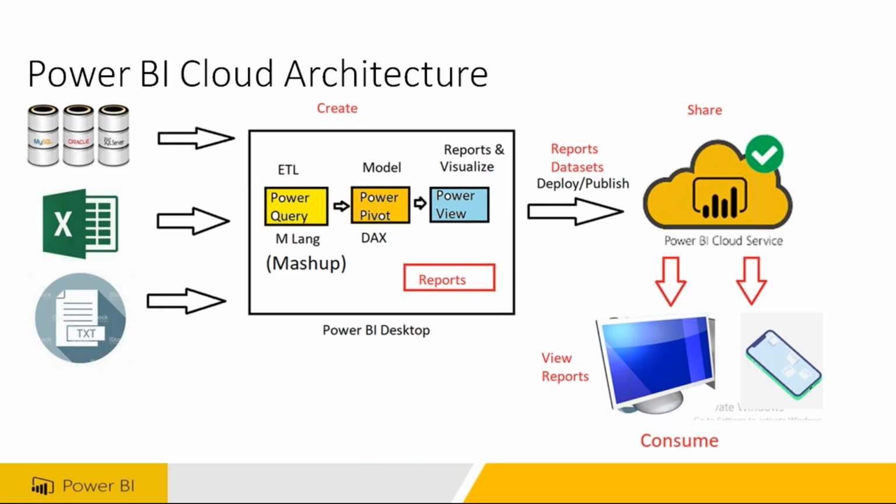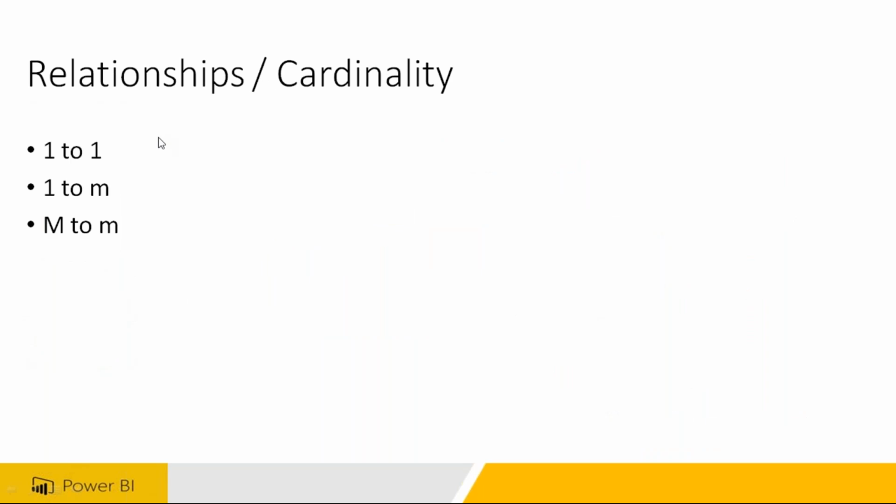What kind of relationships can we see in Power BI or in SQL anywhere? If you have data, you can have a one-to-one relationship, a one-to-many relationship, or a many-to-many relationship. This is also called cardinality. A machine cannot understand on its own. For example, I give you some data. How does the machine know that I need to get the data from somewhere else, and on what basis I need to link?